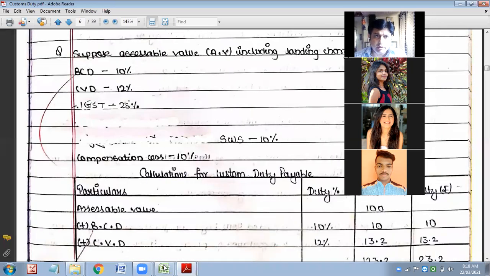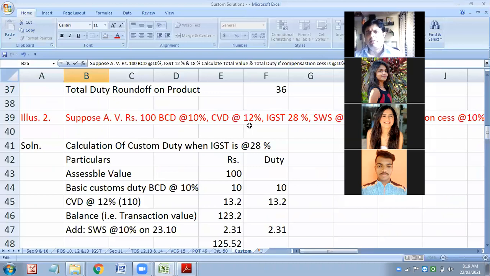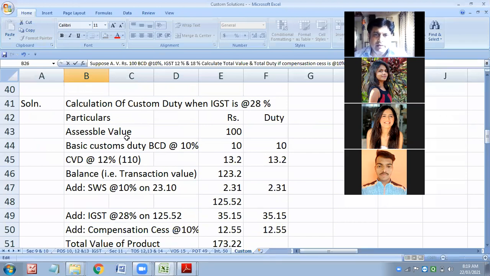So we did the calculation over here. Assessable value 100, BCD 10%, CVD. Any kind of custom charges which we have imposed on the goods will be a part and parcel to be computed as SWS. So what we have taken over here, assessable value was 100, BCD was 10%.